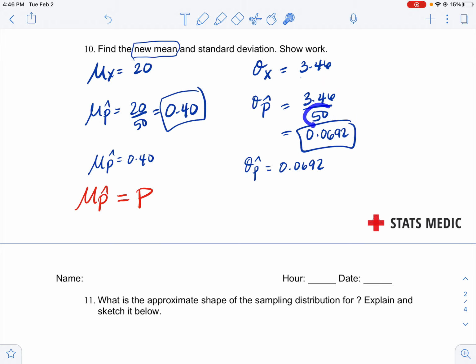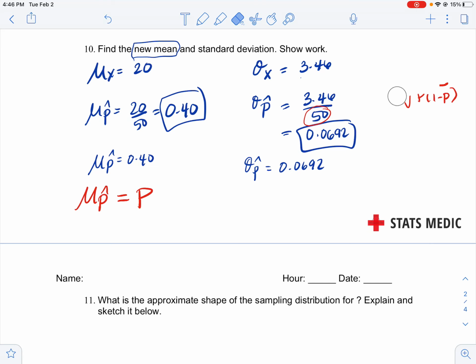You know how the original formula of the standard deviation is the square root of n times p times 1 minus p. You can just do p times 1 minus p, and then if you notice, we're dividing it by 50.